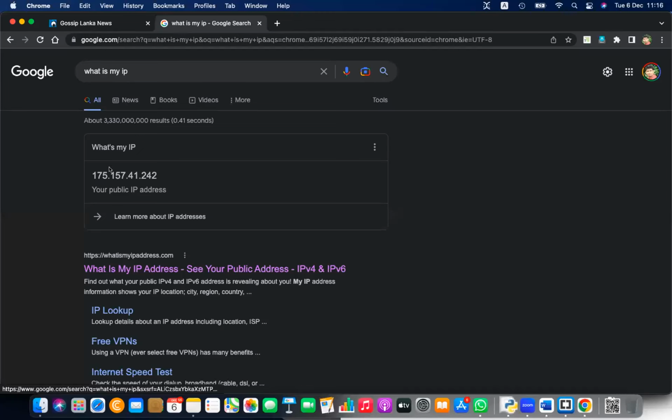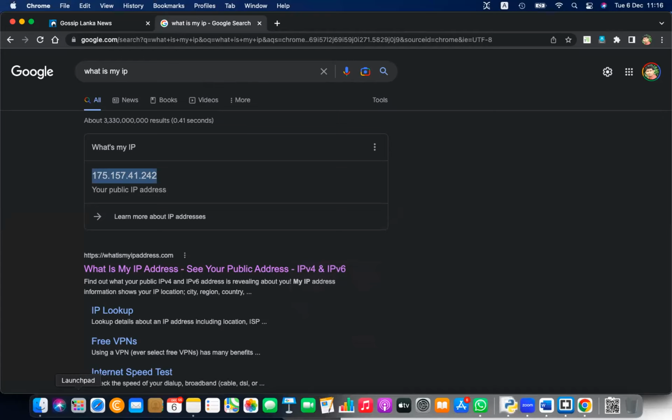Okay, can you see? It shows 175.157.41.242. This is how the internet identifies me. But actually speaking, this is not my IP address. This is assigned by my ISP. There is a network address translation.